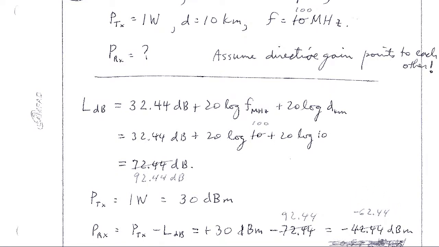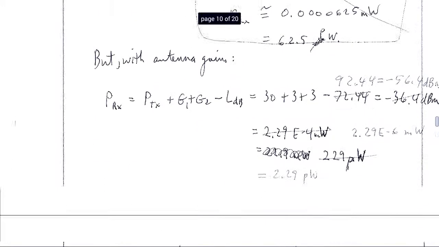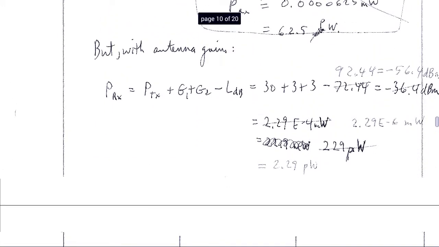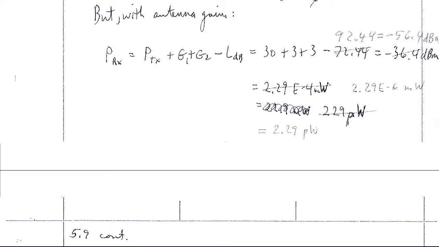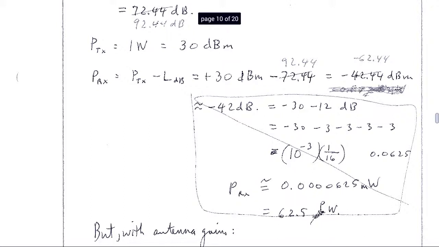And I repeat the calculation down here with the antenna gains, and I use this equation. I've added the gains to the equation, and indeed I get minus 56.4, which is 6 dB off of the 62.4.